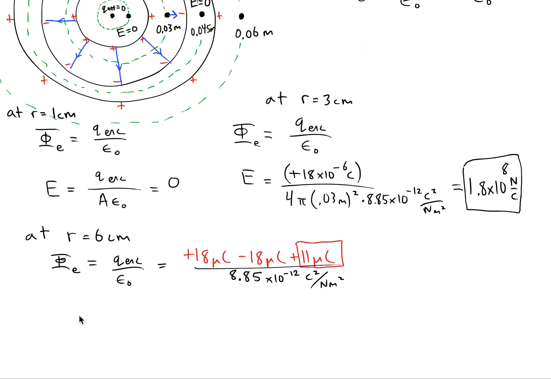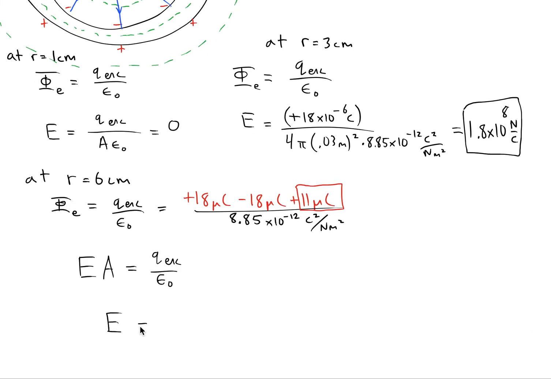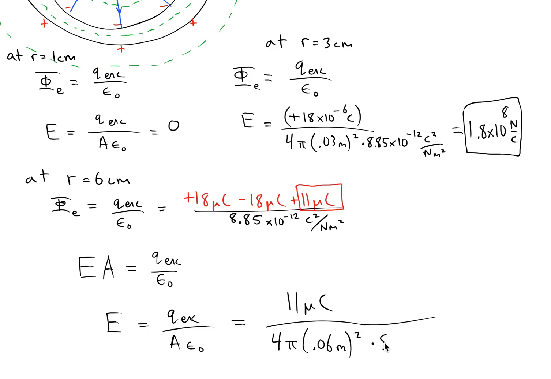Okay, so now let's find the field by dividing the area. So we're going to get 11 microcoulombs on top over 4 times pi times 0.06 squared times 8.85 e to the negative 12.